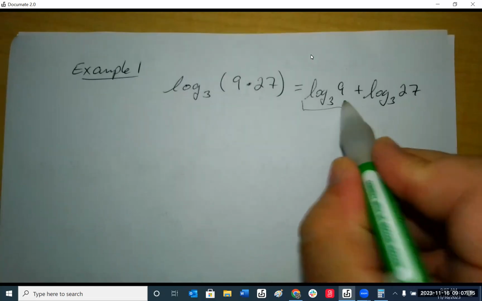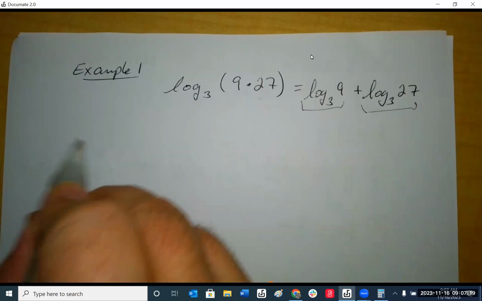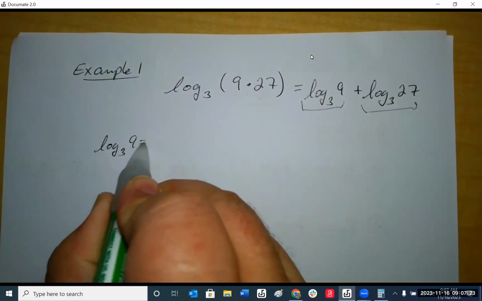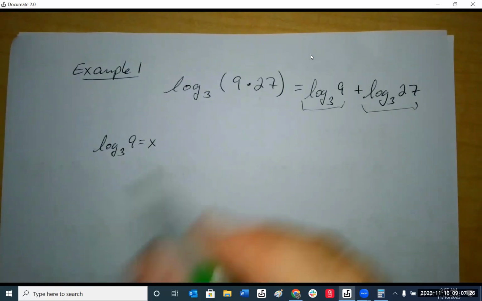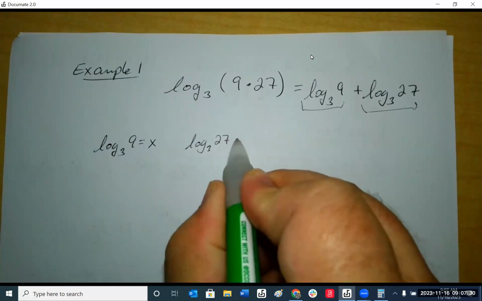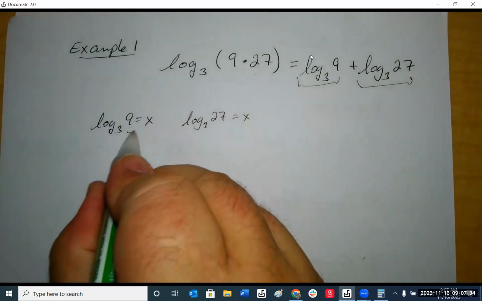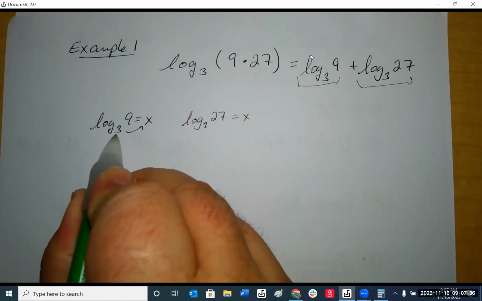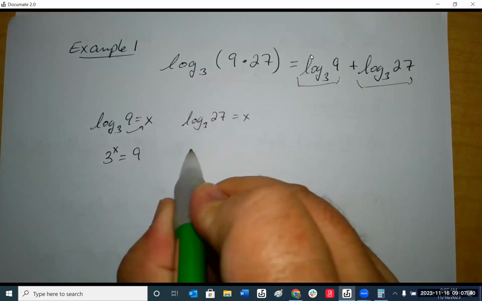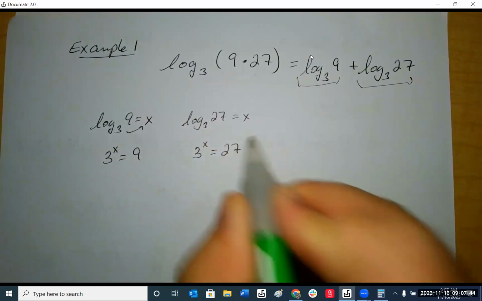Now we solve both of these separately. Log base 3 of 9 is equal to x, and log base 3 of 27 is also equal to x. So we get 3 to the power x equals 9, and 3 to the power x equals 27.